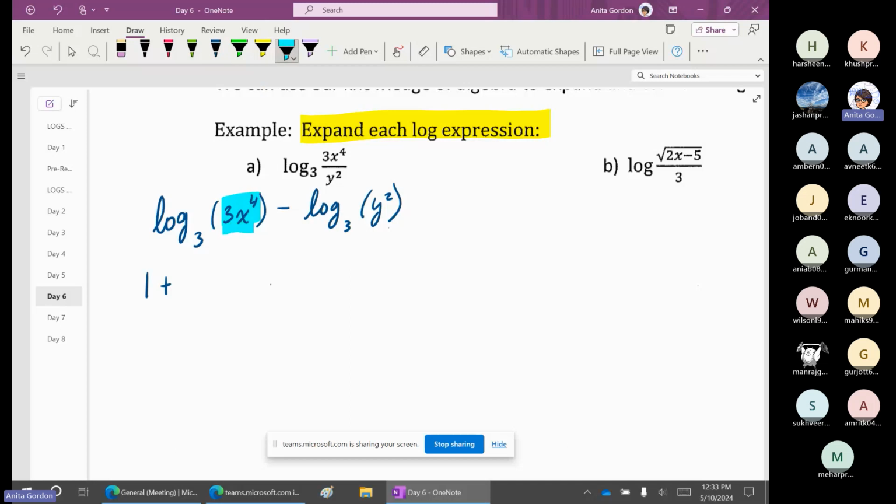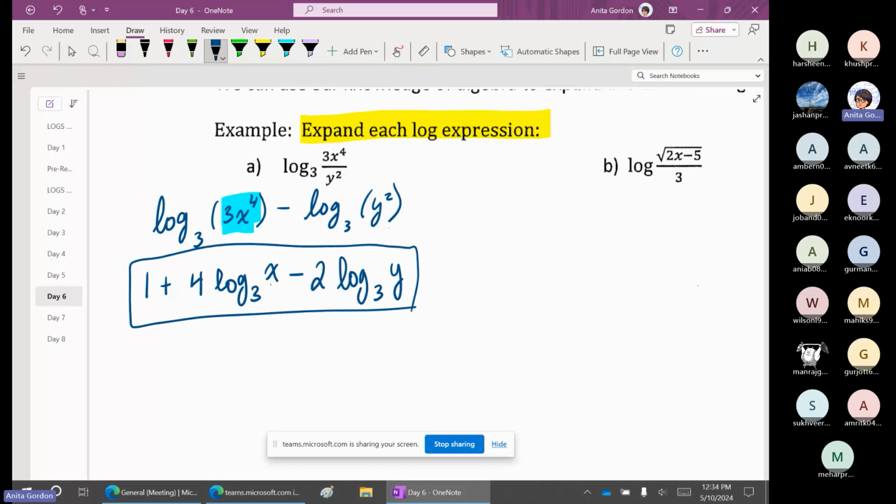Log base 3 of 3 plus log base 3 of x to the 4. But how can I rewrite x to the 4? Put the 4 in the front, and then leave the log base 3 of x, minus 2 log base 3 of y. Done.